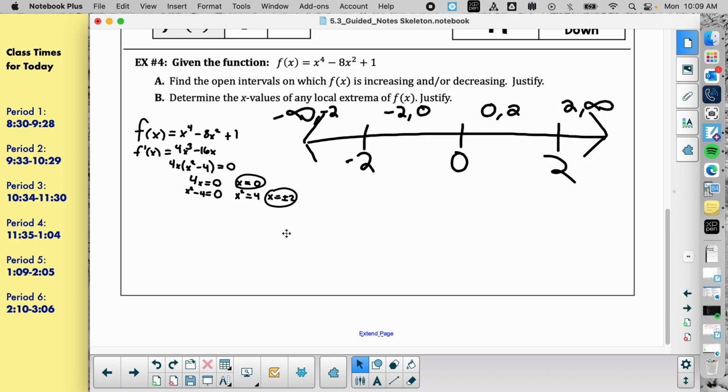So whenever you have that info done, write the test number, whether it's increasing, decreasing. If you're done already, you can just put it up there. Third section, 0 to 2.